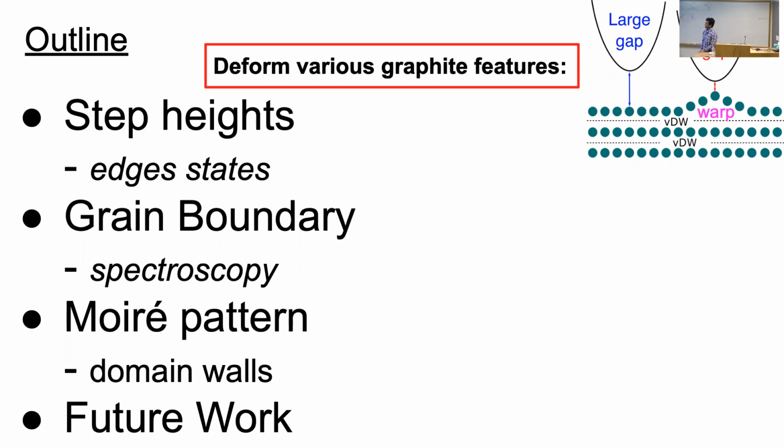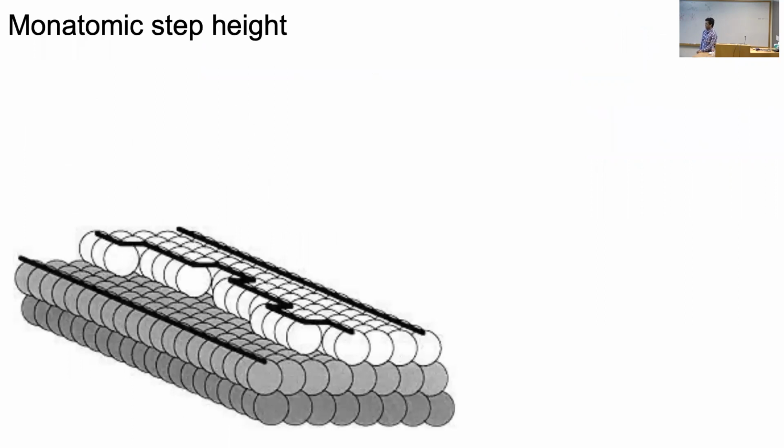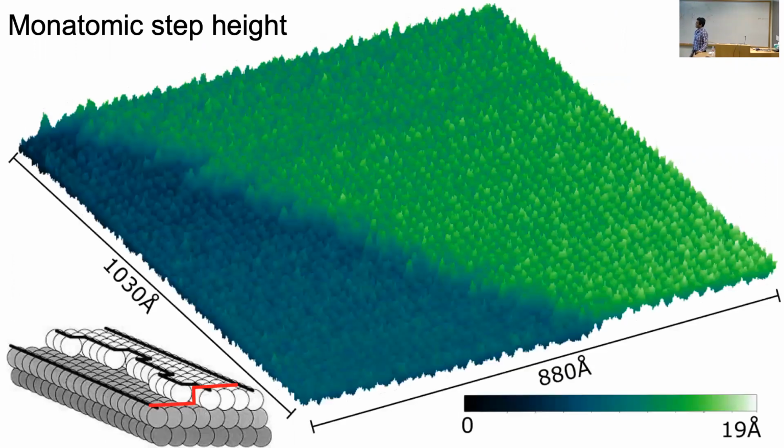So let's start with a step height. This is a simple three-dimensional schematic of a step height, and the step terrace is along the red line that you see over here. This step height is the size of an atom, so it's a monoatomic step height. Now I've taken a three-dimensional STM image of a monoatomic step height on a graphite surface.